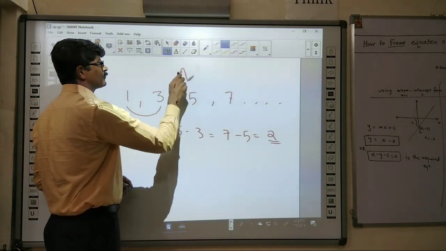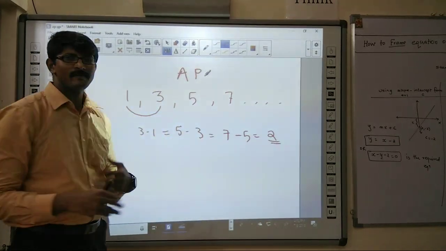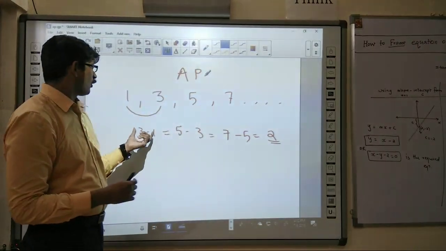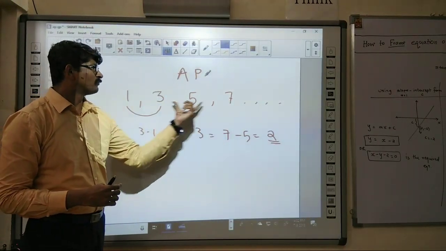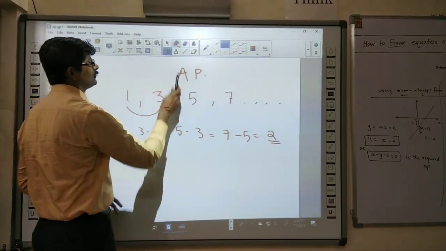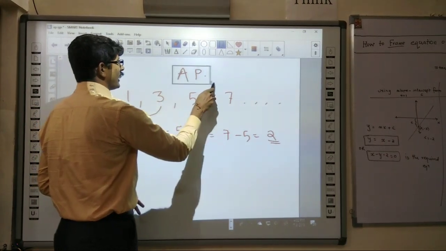I'll repeat once again. AP is nothing but whenever the numbers have the same common difference, then that sequence is called an AP.